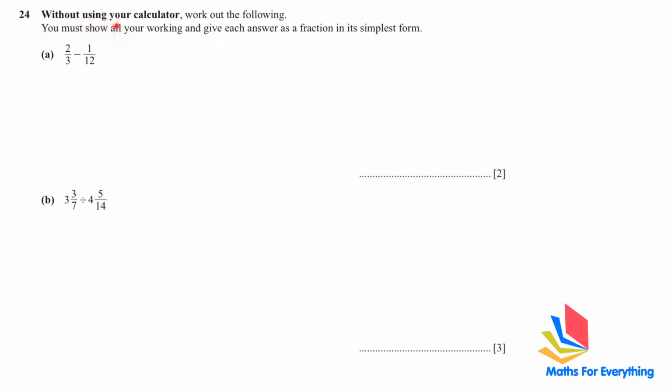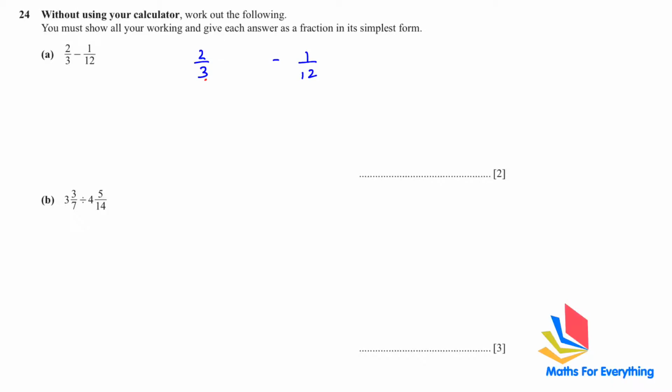Question number 24. Without using your calculator, work out the following. You must show all your working and give each answer as a fraction in its simplest form. So there's a subtraction sign here. We have to subtract the two fractions. Remember, if it's addition or a subtraction question of fractions, you need to have a common denominator. You have 2 over 3 here and 1 over 12.